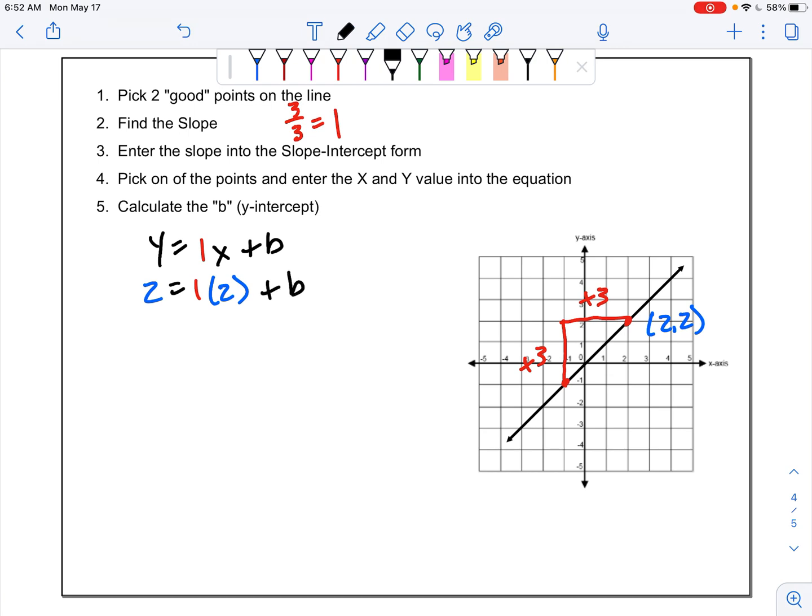So really, you're just kind of forcing that b out. I want to find out what's happening with it. So I'm going to do some math here. I have 2 is equal to, well, 1 times 2 is 2 plus b. Subtract that 2 away.